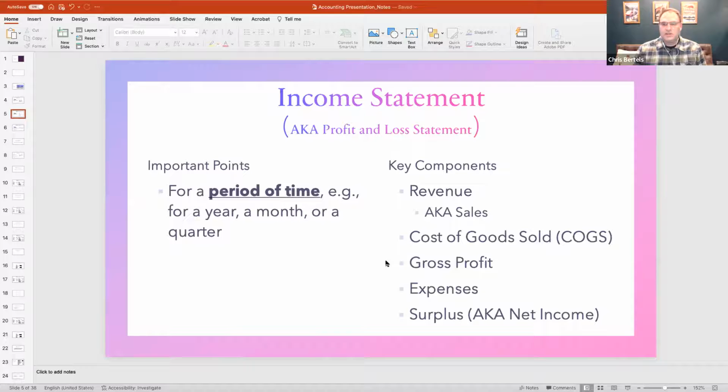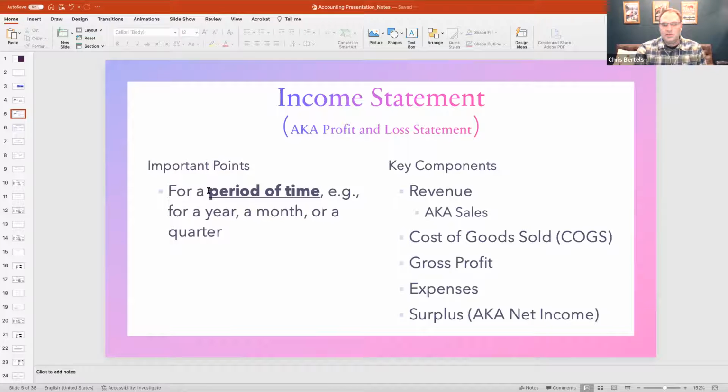They call the income statement the profit and loss statement. So I think because of that, it's somewhat more common in the small business community to call it profit and loss rather than income statement. I have no idea why they chose profit and loss statement. I guess it just is what it is.